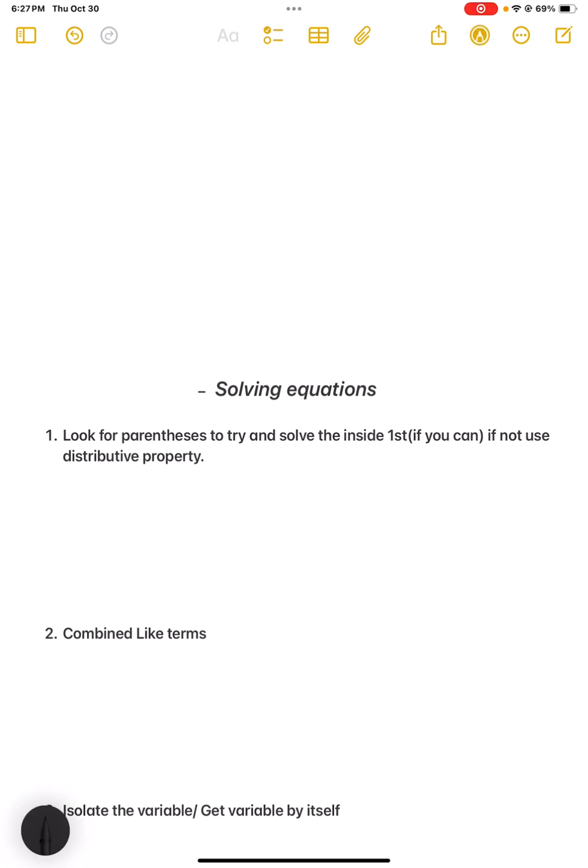So the whole purpose of solving an equation, as I stated earlier, is to figure out the value of the variable, okay? So to do that, you would have to get the variable by itself, all right? So there is a specific way that I like to do this, and I want you guys to do it too. I want you to show your work like how you see me showing my work. Okay. And also in this specific way that I do this, I will also show you how to check your work.